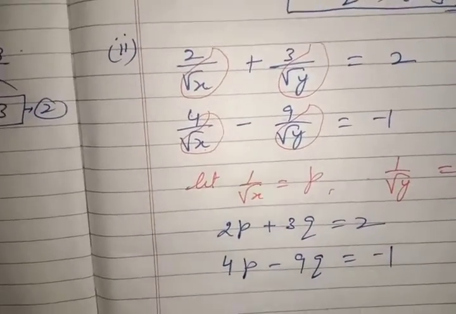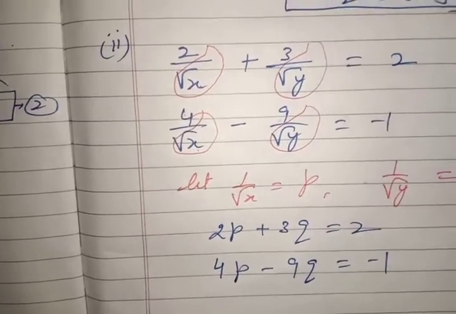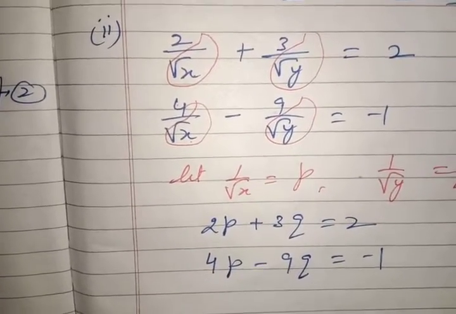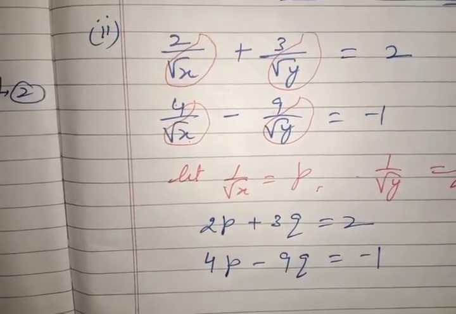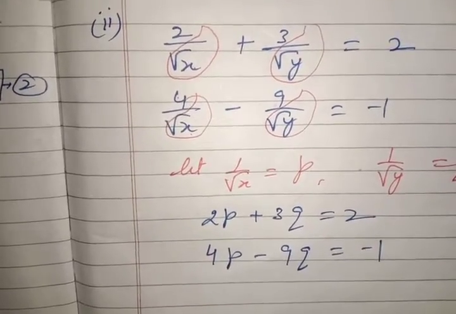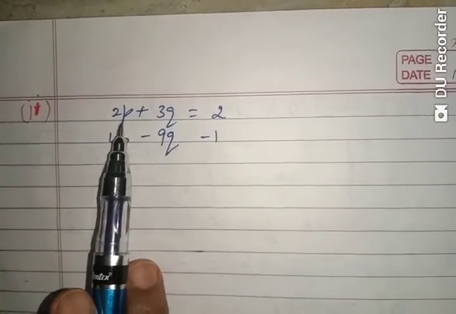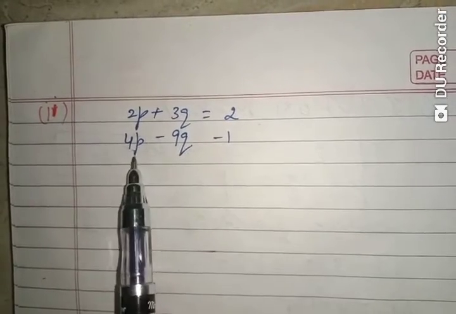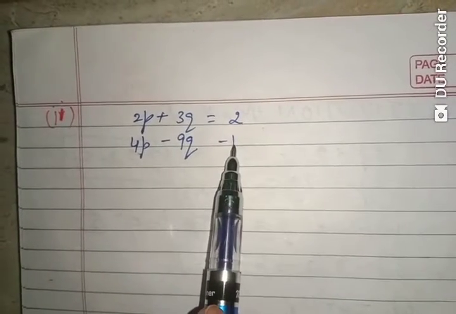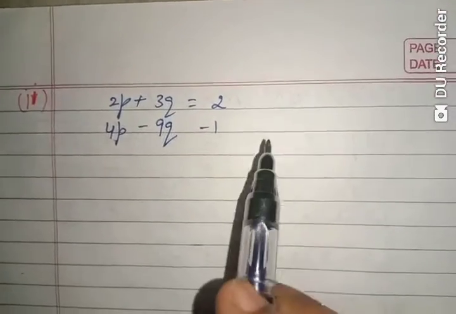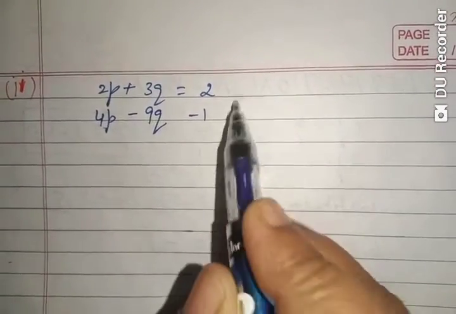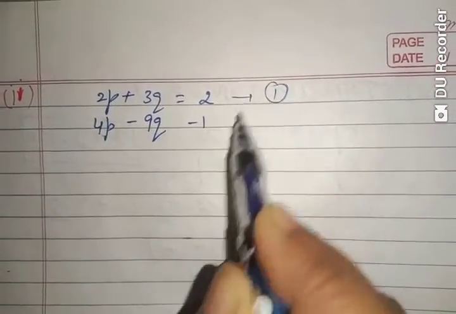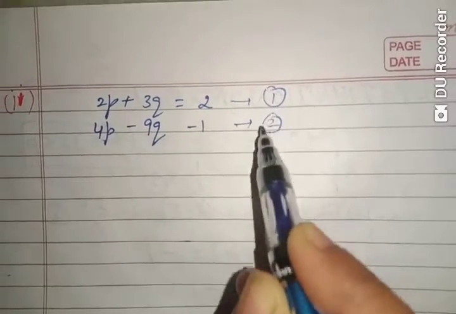Now it is a very simple question. Now again we can do it with the elimination method. The two equations we got are 2p plus 3q is equal to 2 and 4p minus 9q is equal to minus 1. Again in this question I am taking the elimination method. So this is equation first and this is equation second.